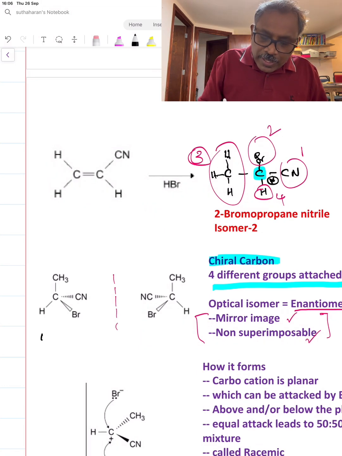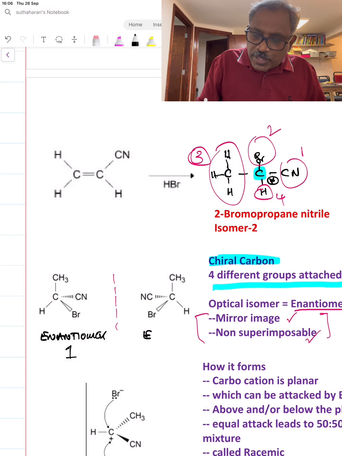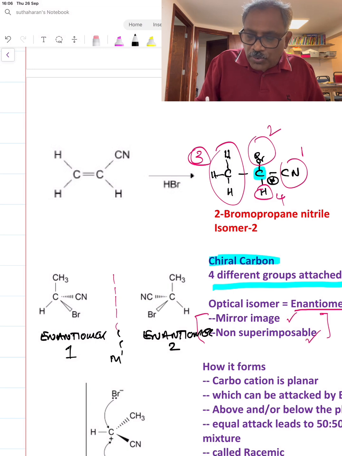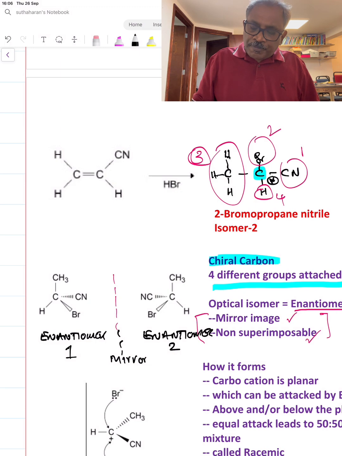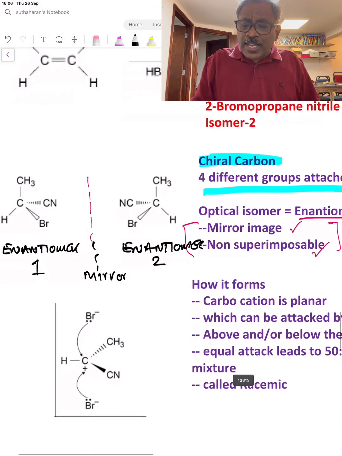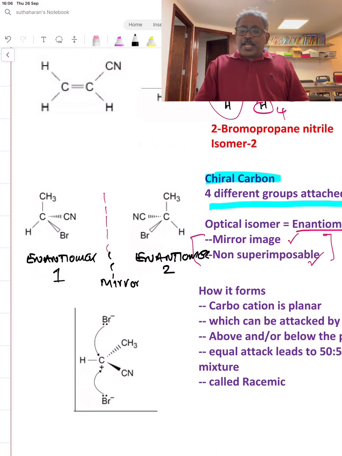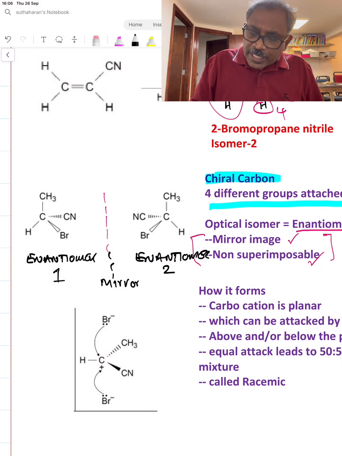I'm going to put enantiomer 1. That is your enantiomer 2. So they are mirror images of each other, non-superimposable. Now, the final mark is to explain how it forms. A carbocation is a planar molecule.